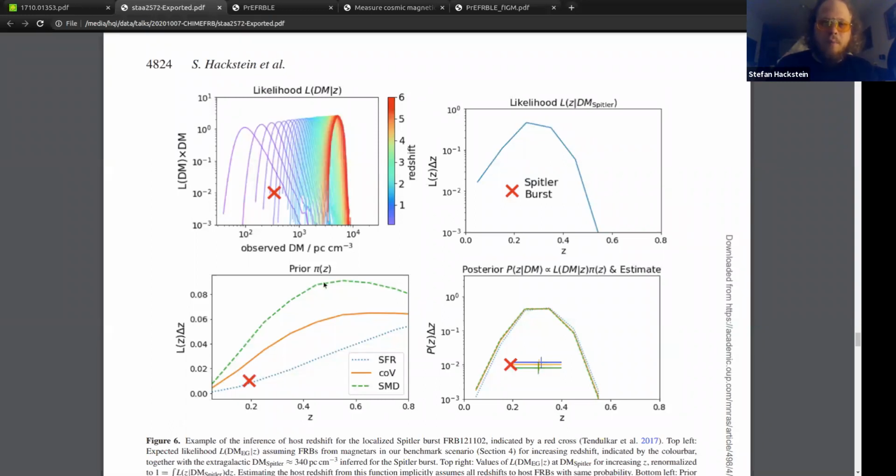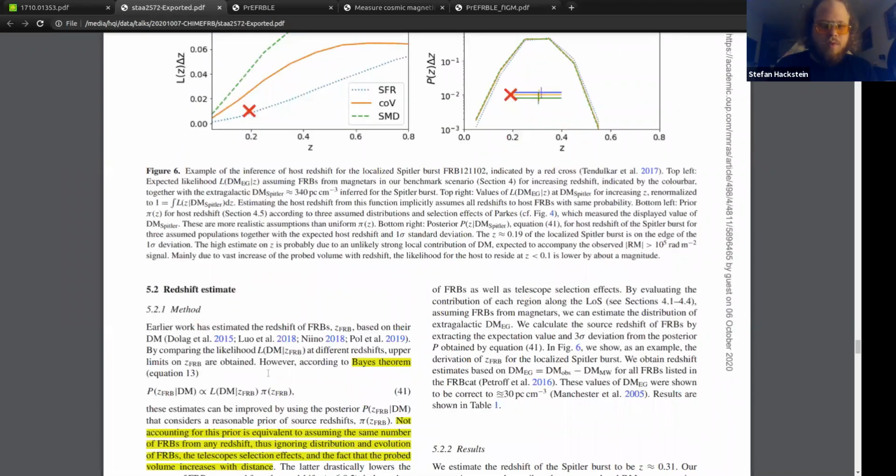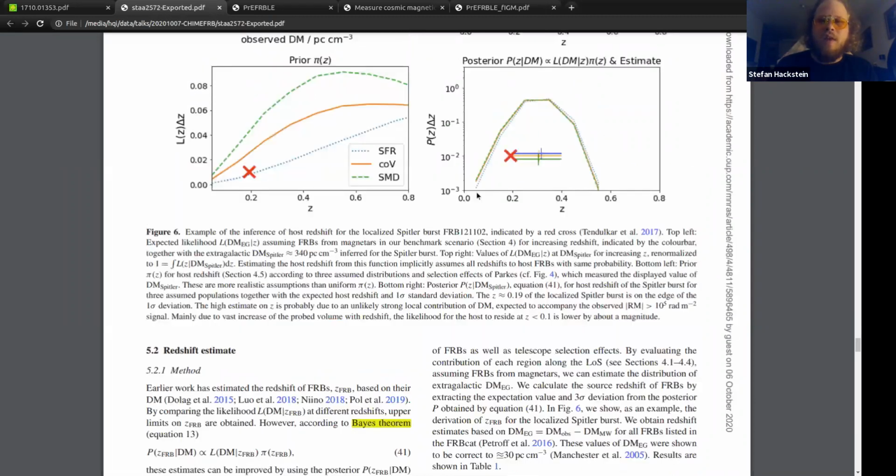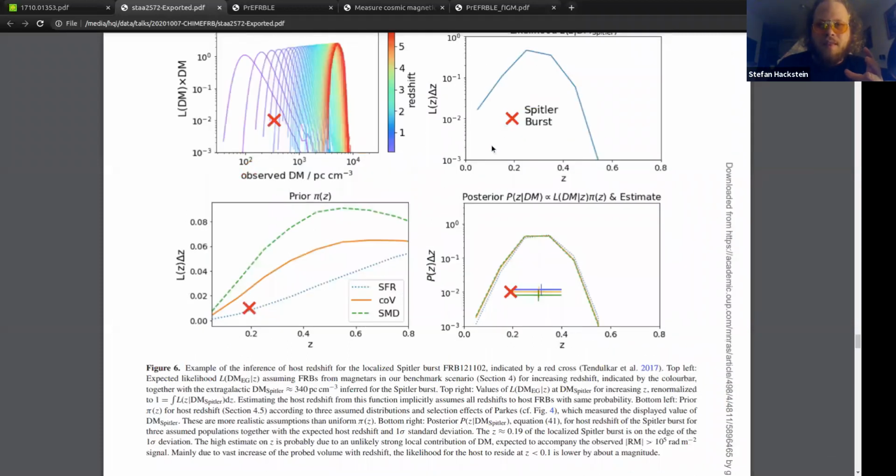When we take all of these into account in realistic estimates of the redshift distribution, we multiply this in according to Bayes' theorem. You can find this here, or actually also down here again. This then gives us a more realistic distribution of where we really expect this fast radio burst to come from. And due to the increase of the volume with redshift, it is much narrower at the low redshifts than the previous one.